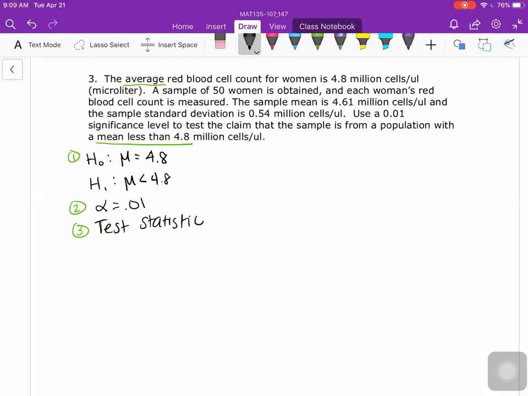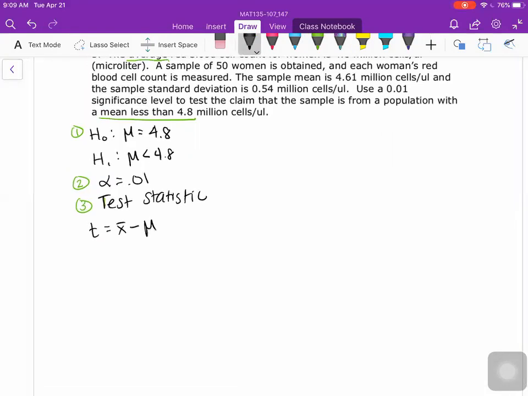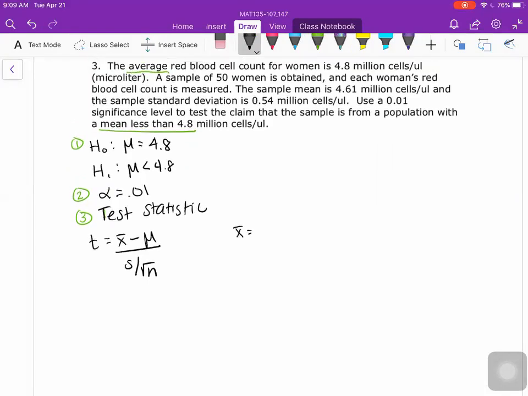Again, the formula for our test statistic when conducting a hypothesis test for mean is a t-score, and it equals x bar minus mu divided by s over the square root of n. X bar is our sample mean. In our sample of 50 women, the mean was 4.61 million cells per microliter. Mu is our null value, which is 4.8.